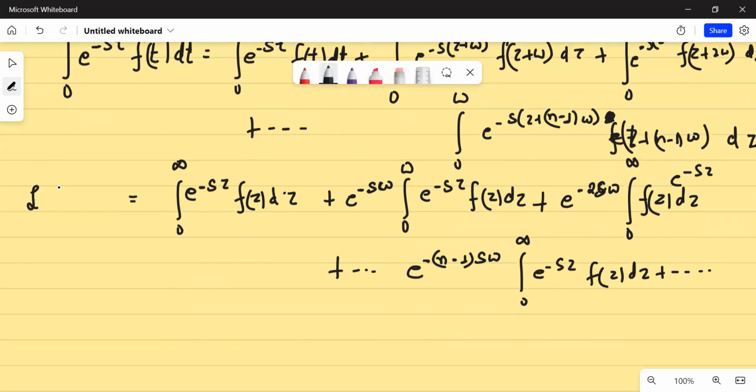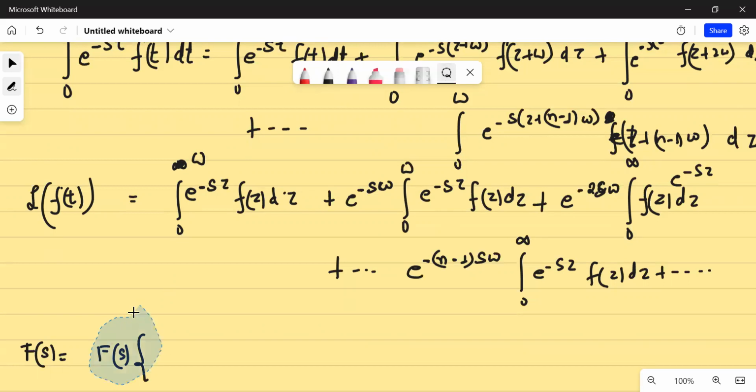This is equal to Laplace transform of f(t), and let us denote it by F(s). So F(s) is equal to what? This is again the Laplace transform of f. अच्छा, sorry, ये 0 to infinity नहीं है, ये 0 to ω है। कोई सोचो क्या गलती हो रही है, सॉरी, है ना। तो Laplace transform of f(t) is equal to integration from 0 to ω e की power minus st f(t) dt.